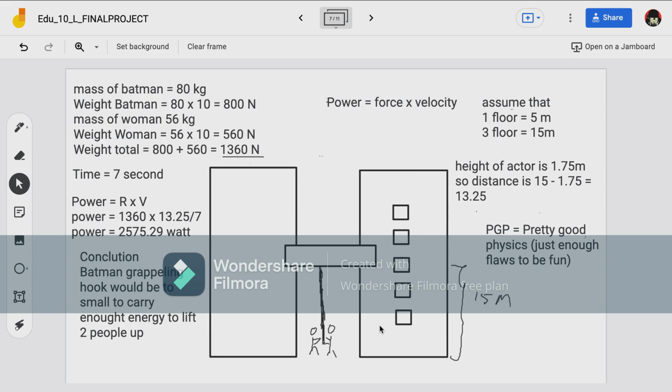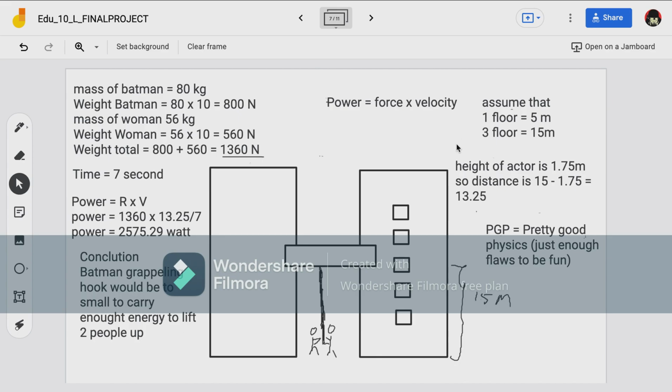Because we saw in the scene that Batman was grappling until the third window, 5 times 3 equals 15 meters up. After this, we need the height of the actor playing Batman. We found it, and it was 1.75 meters. So the distance is 15 minus 1.75 equals 13.25 meters.